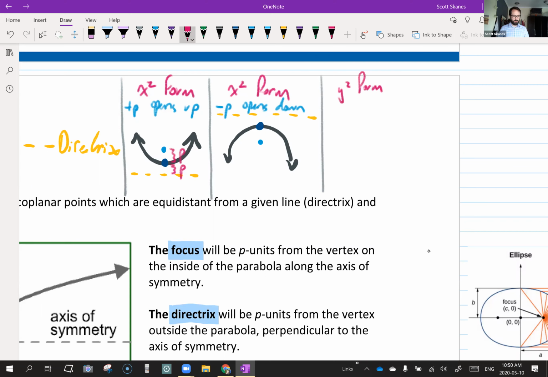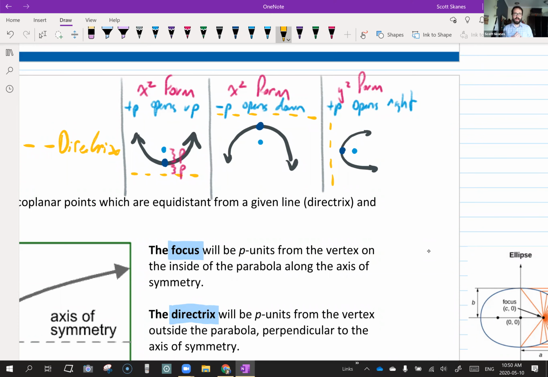Okay, y squared form. If we have positive p in this case, it opens to the right. So y squared form, like this. I'll draw my important pieces in and then I'll explain it a little bit more. Okay, so x squared form opens like this, upward and downward.